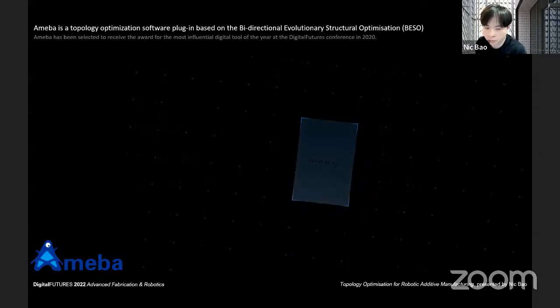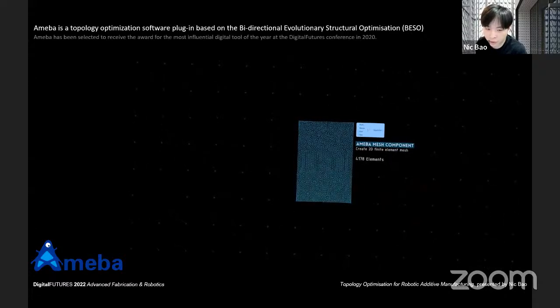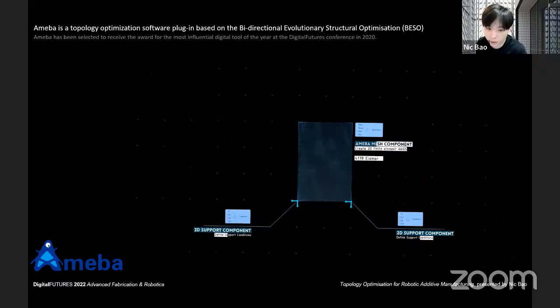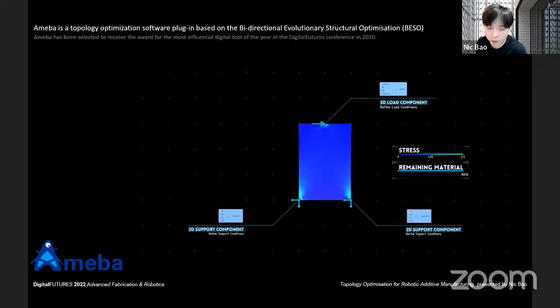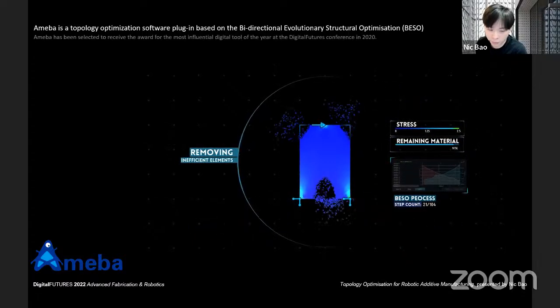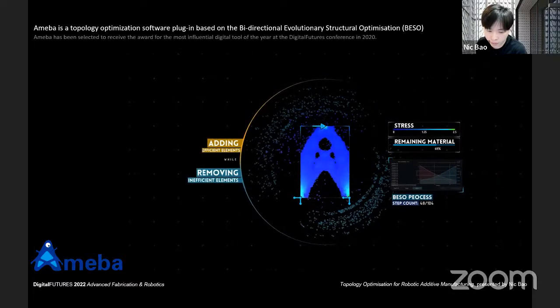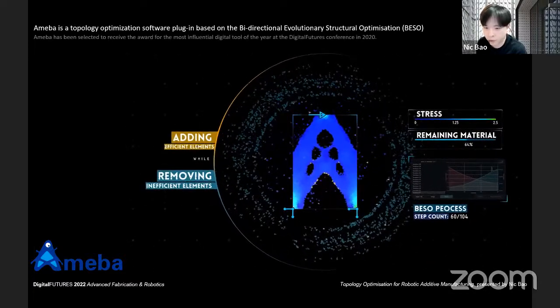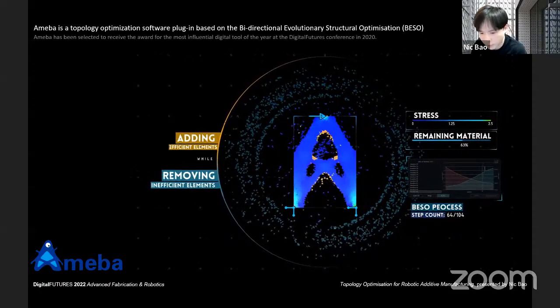To be more convenient for designers to use the BSO method, Professor Mike Shea's team developed software called Amoeba, which lets more designers on the Rhino platform use the BSO method more easily. So this is a digital design method.